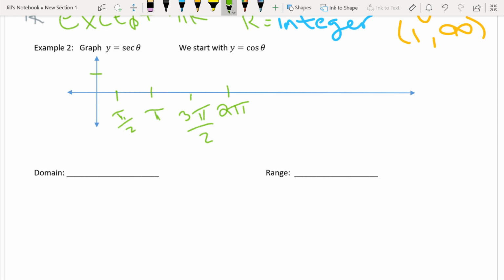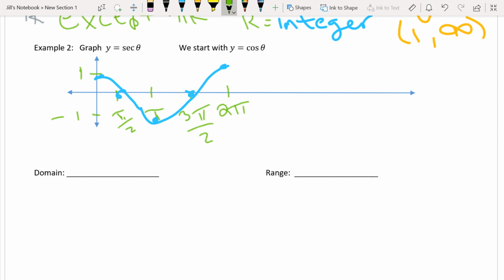It goes as high as 1 and as low as -1. The cosine wave goes high, middle, low, middle, high. And it looks like that.